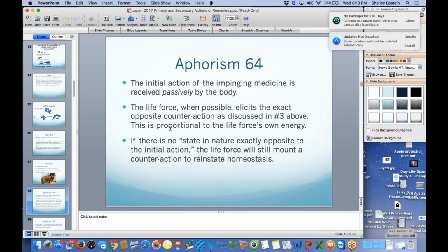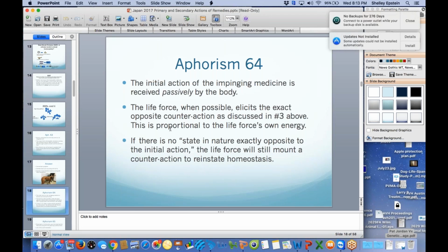Aphorism 64, the initial action of the impinging medicine is received passively by the body. Okay. The life force, when possible, elicits the exact opposite counteraction, as we talked about above. This is proportional to the life force's own energy. If there is no state in nature exactly opposite to the initial action, the life force will still mount a counteraction to reinstate homeostasis.